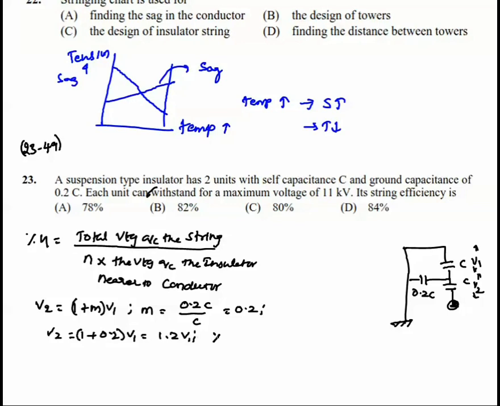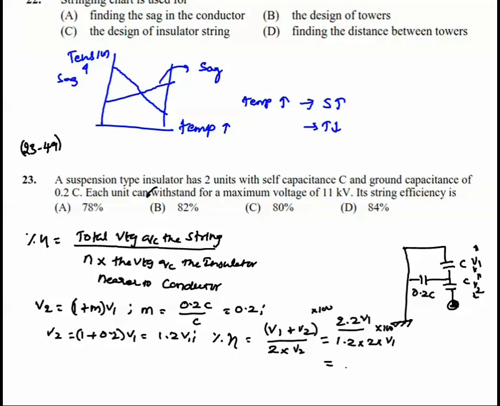Now the string efficiency is equal to the total voltage across the string, V1 plus V2, divided by the number of discs, which is 2, times the maximum voltage across the string, which is V2. I will write in terms of V1, so I get 2.2 into V1 divided by 1.2 into 2 into V1, into 100.